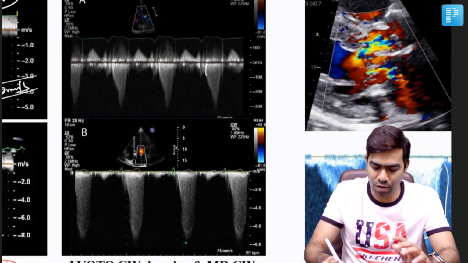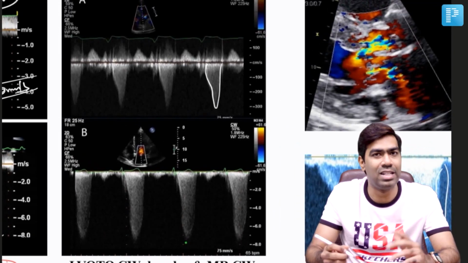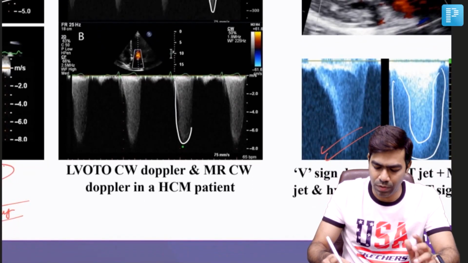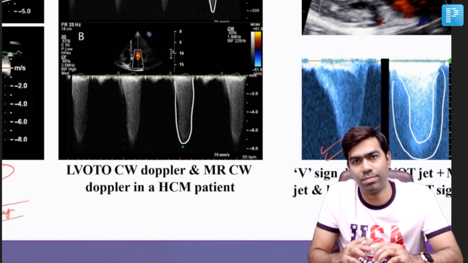Usually the LVOT waveform will be more sharp, dagger, scimitar shape, and MR waveform will be more rounded and more of a dome shaped. And remember, any resting gradient more than 100 millimeters of mercury, think about a superimposed MR waveform, which means you are not opening up the LVOT properly. That's why both waveforms are merging with each other.